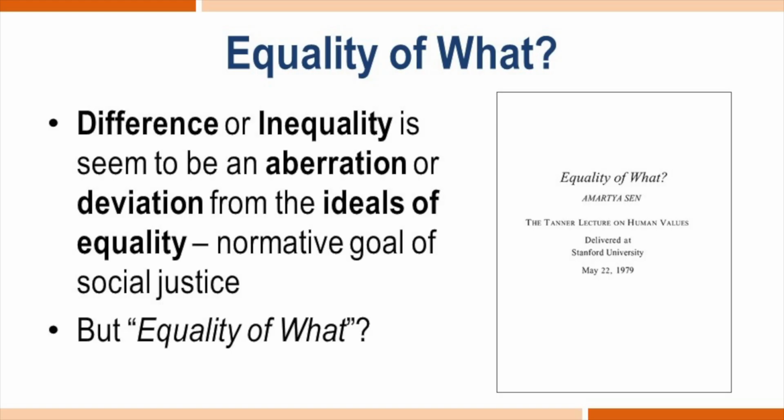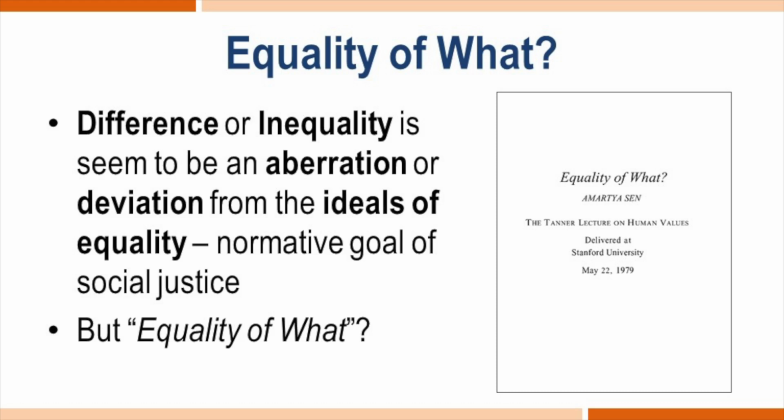Equality of what? What is it that we should be addressing in terms of the questions of gender inequality? In the second part of our discussion, we will focus on different ways of doing it, once we decide what the conceptual and theoretical framework is with which we will try to make sense of these differences.